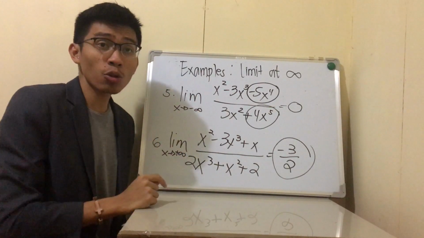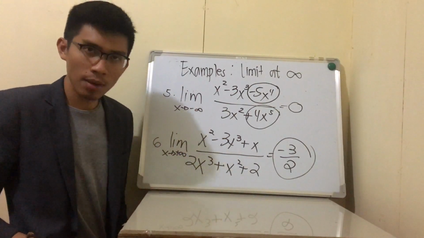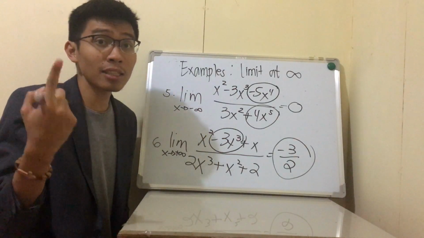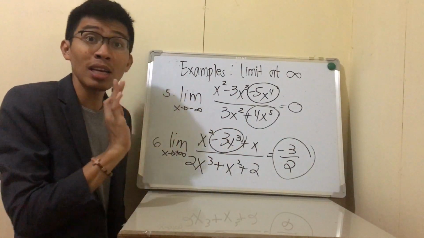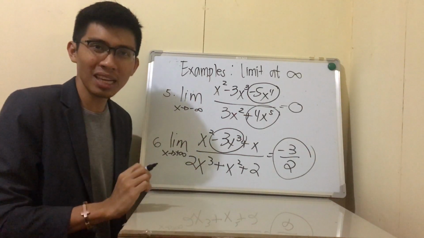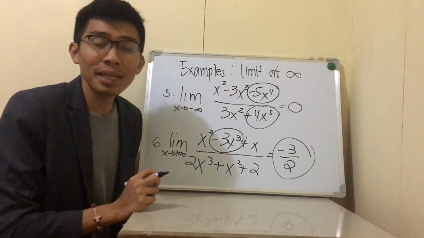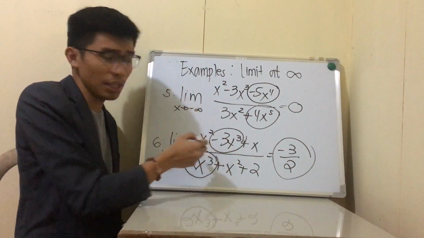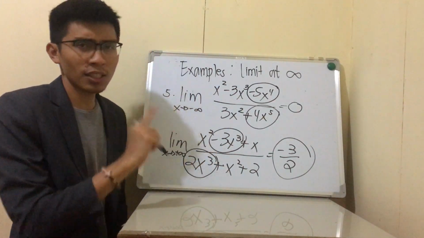For the numerator, what is the leading coefficient? Very good. The leading coefficient is negative 3x cubed because it consists of the highest power among the other terms in the numerator. For the denominator, what is the highest power? Very good. The leading coefficient is 2x cubed.